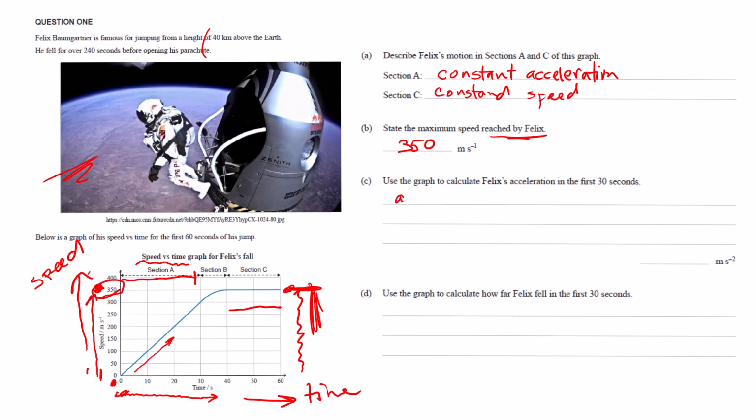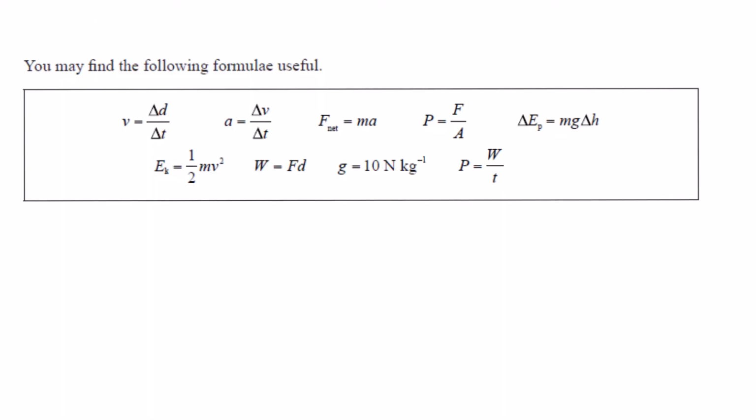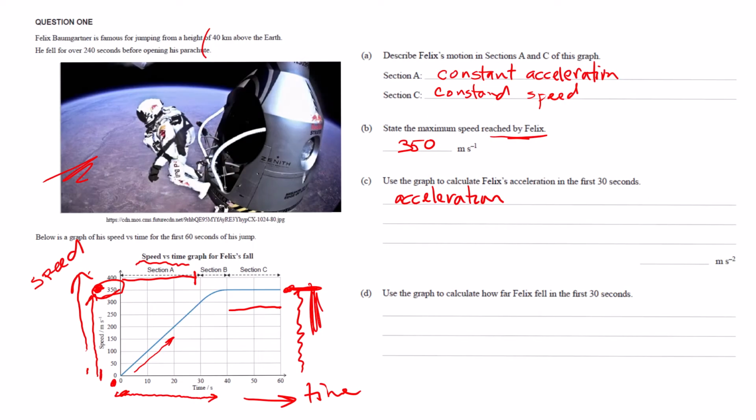So acceleration, let's have a look. This is the formula that we were given with this paper, and we can see acceleration is the change in velocity, the change in speed, divided by the change in time, the time it took. So let's have a look then. We can see for the first 30 seconds, starting at 0, going through to 30 seconds, we write our formula. A is equal to change in speed divided by change in time.